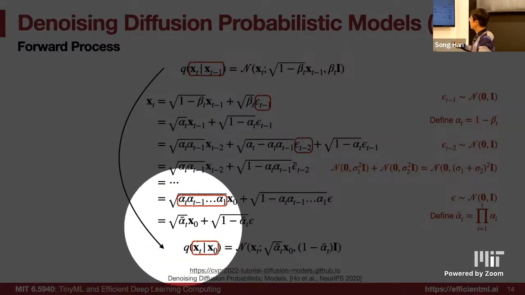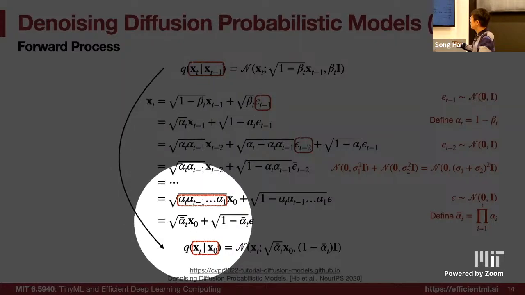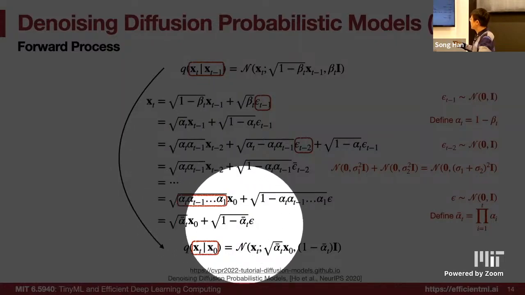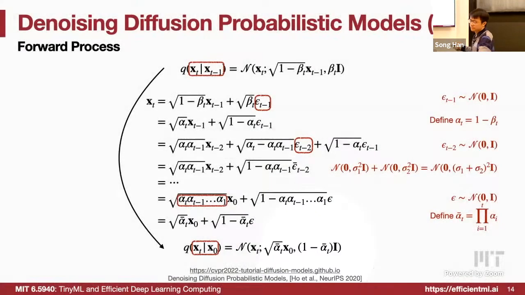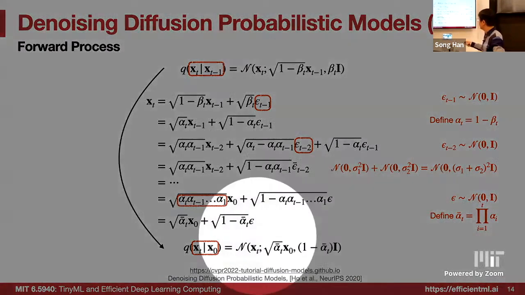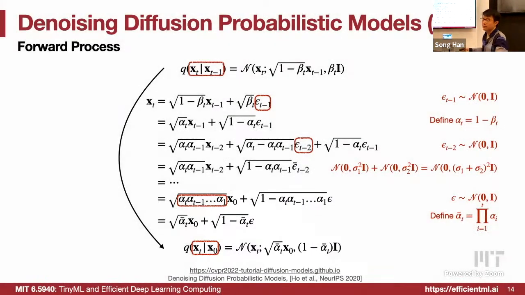As a result, we can represent x_t as a relation with respect to x_0 plus the noise. This is the mean, and this is the variance. So now we have the relationship between the original clean image, which is x_0, and at each time step t, what is x_t?